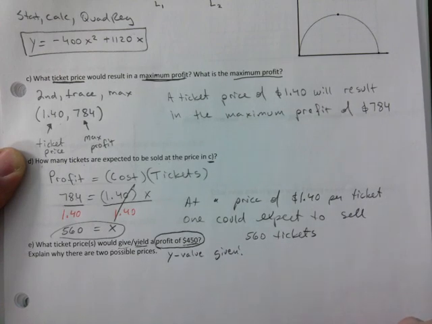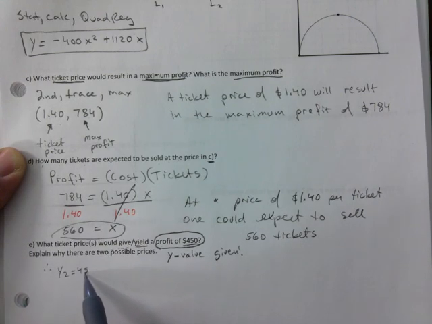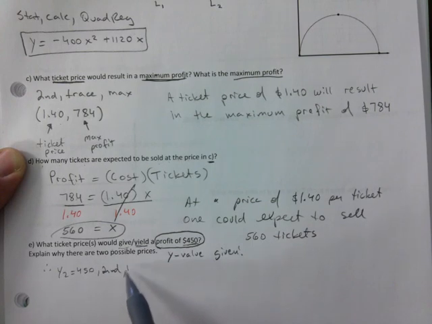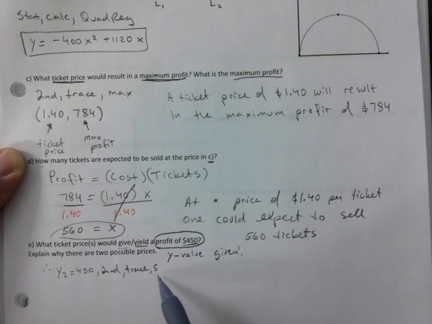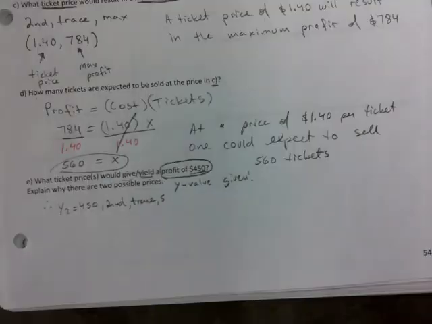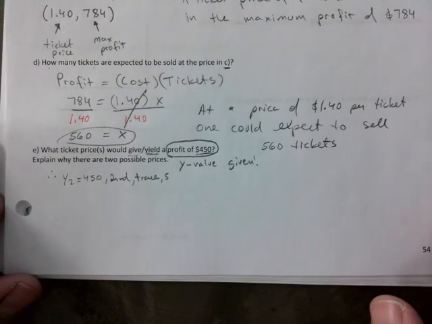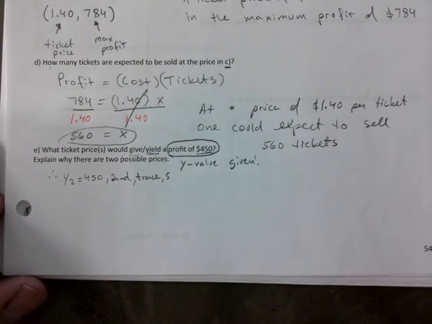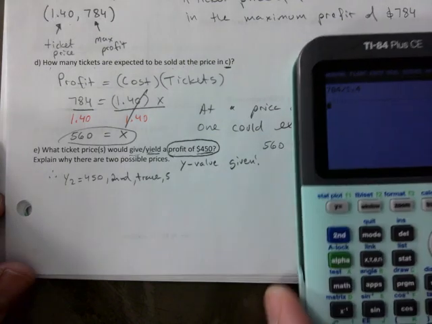Therefore, we let Y2 equal to 450. And then we will go second trace 5 for intersect, right? So let's find those two instances.